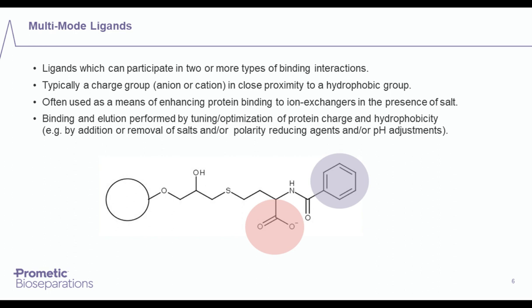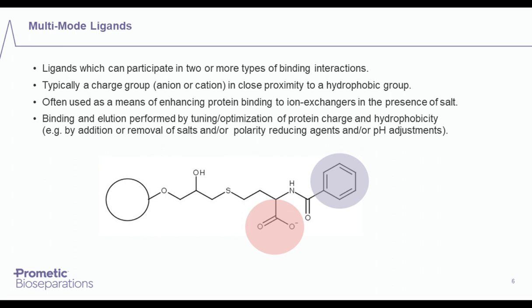Multi-mode ligands have grown to prominence in recent years due to their usefulness as general ligands for capture and polishing applications. These ligands combine a charged group and a hydrophobic group into one ligand structure. The example shown here is GE Healthcare's Capto MMC ligand.